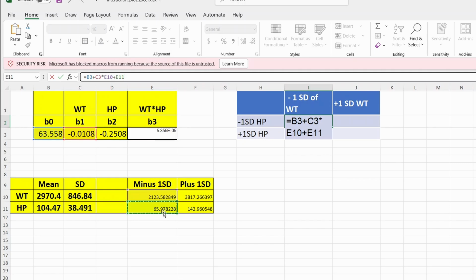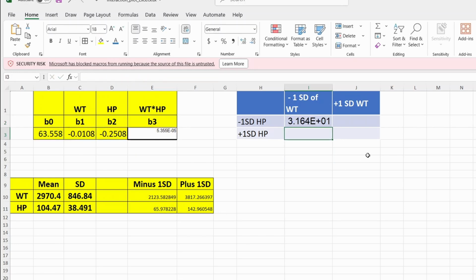Yes. So horsepower, and then this -1. So basically, in this way, both of them are -1.